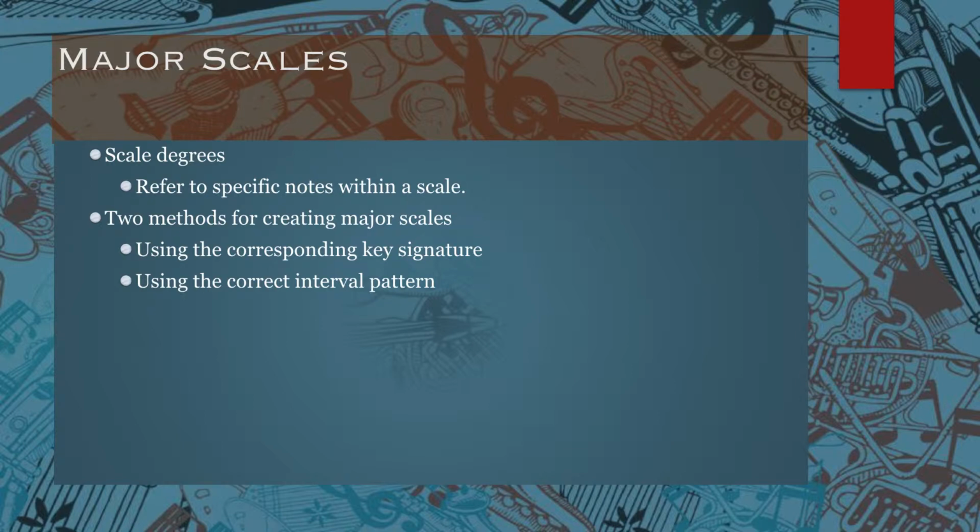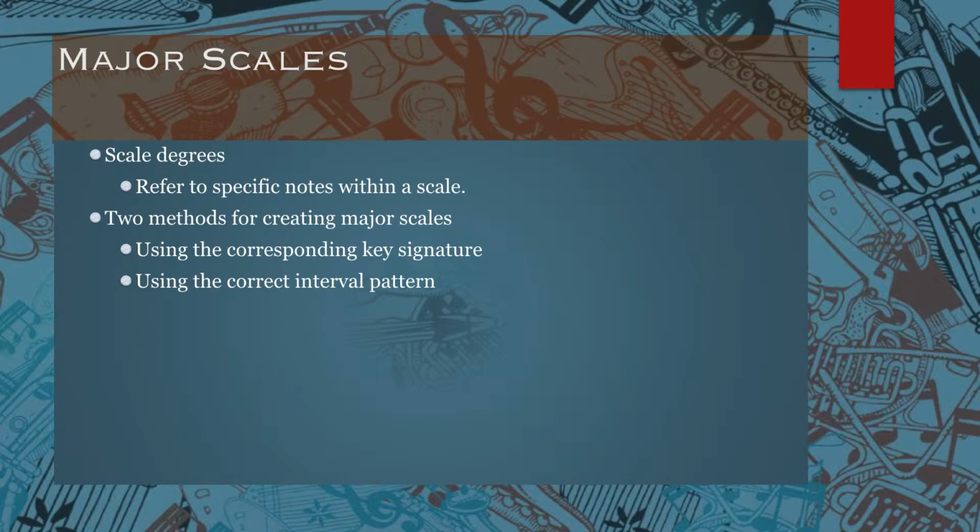If you take the key of G major, that has one sharp in the circle of fifths, so all you have to do is add one sharp to a scale starting on G. So you'd have G, A, B, C, D, E, F sharp, and then it would come back to the tonic, or the first scale degree, G, at the end.